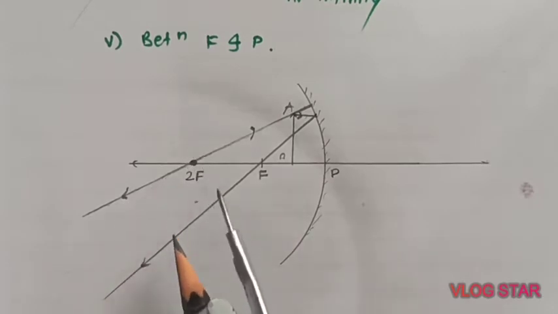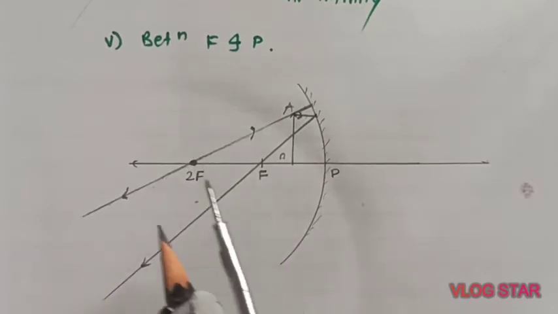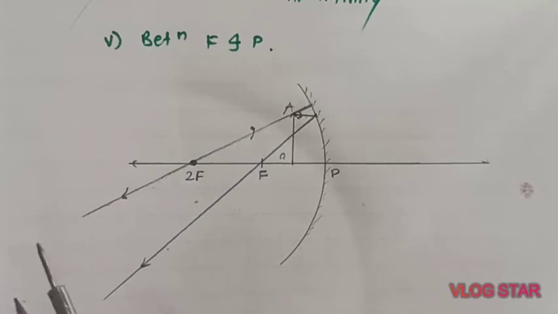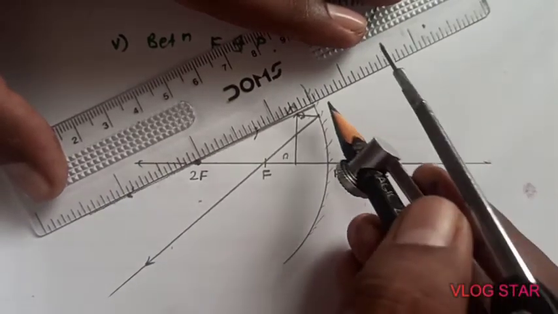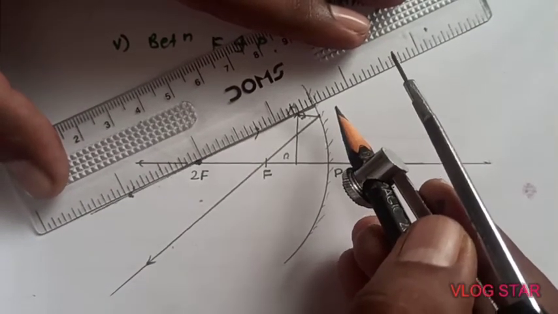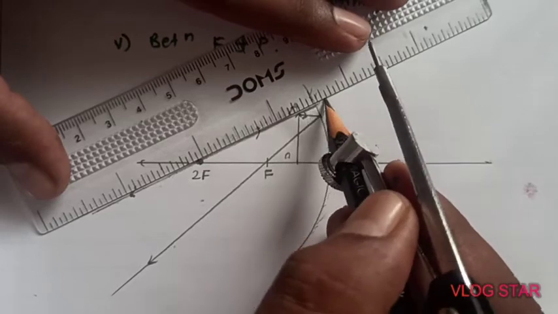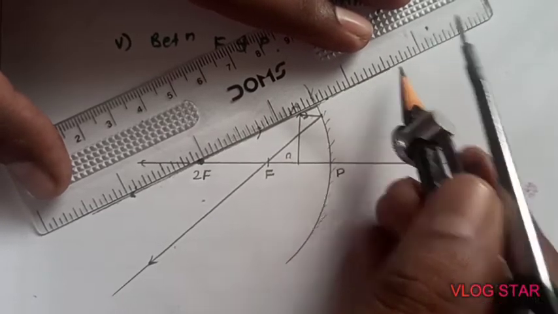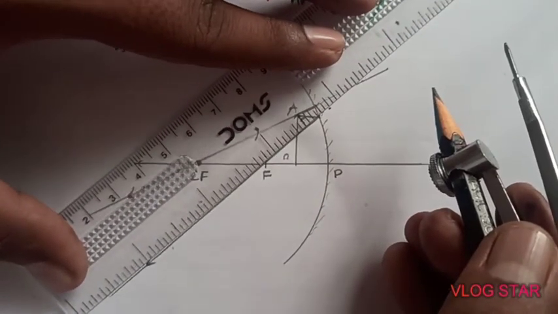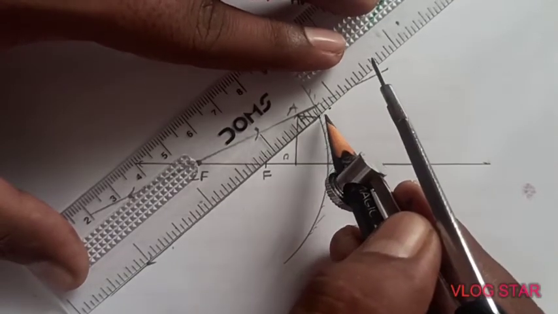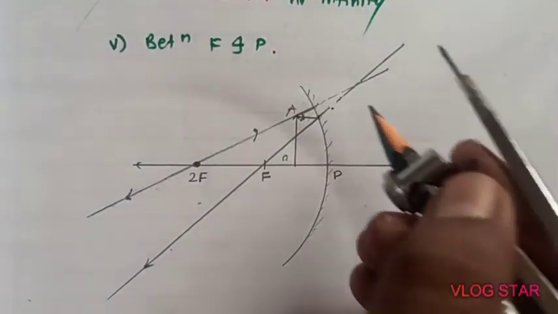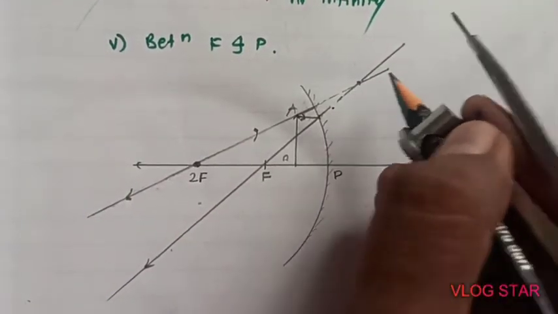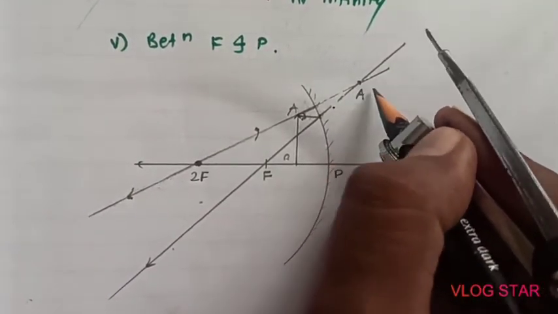Now you can see these are not parallel, and they do not intersect on this side. The intersection is the image position, so I need to extend them behind the mirror because on the front side they are not going to meet each other. If I extend them, they appear to move like this, dotted line. So here I got one virtual point behind the mirror.